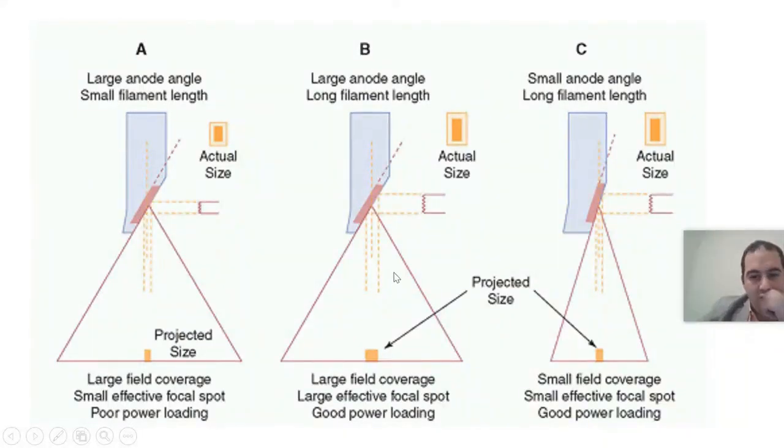The actual focal spot size here will increase. It will not decrease, in fact. So, what will happen to the effective focal spot size? It will be larger, not smaller. Why? Because you have chosen a long filament here.